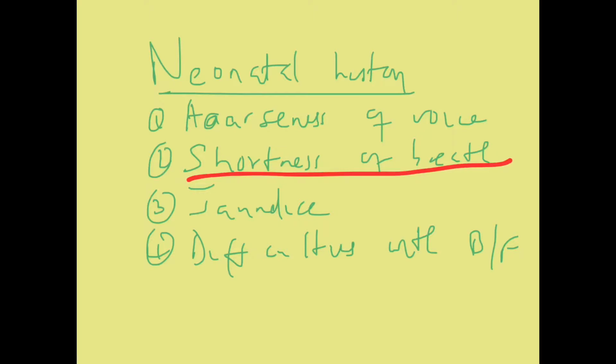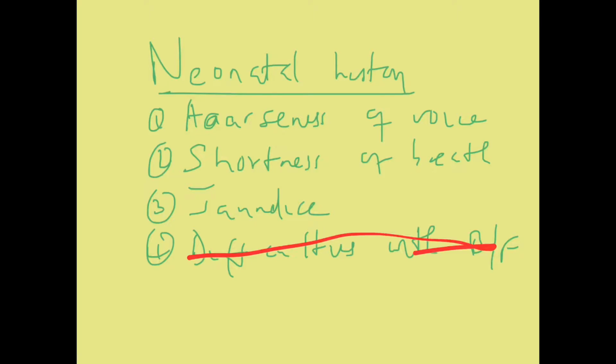Then shortness of breath or difficulties in breathing. This is just to check for heart disease. Also difficulties with breastfeeding is to check for heart disease. Then jaundice. This is to check for liver disease. Like I say, we know that in liver disease there will be decreased production of albumin, and this causes edema.